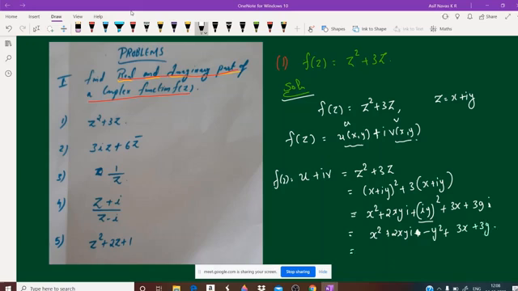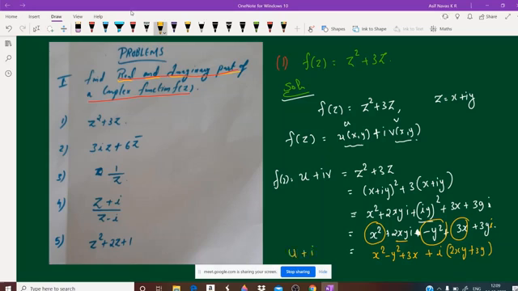Now I am taking all the real parts together. There is no i, so this is the real part. So I am taking x square minus y square plus 3x, plus i times the imaginary part, 2xy, and here there is i, 3 plus 3y.